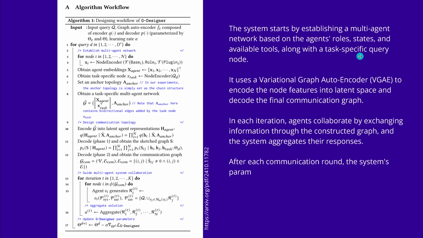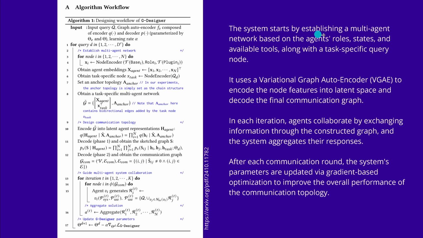Great. Yeah, for my green grasshoppers here. The system starts by establishing a multi-agent network based on the agent roles, states, and available tools, along with a task-specific query node. Then, as I told you, it uses a variational graph autoencoder to encode the node features into the latent space and decode the final communication graph.